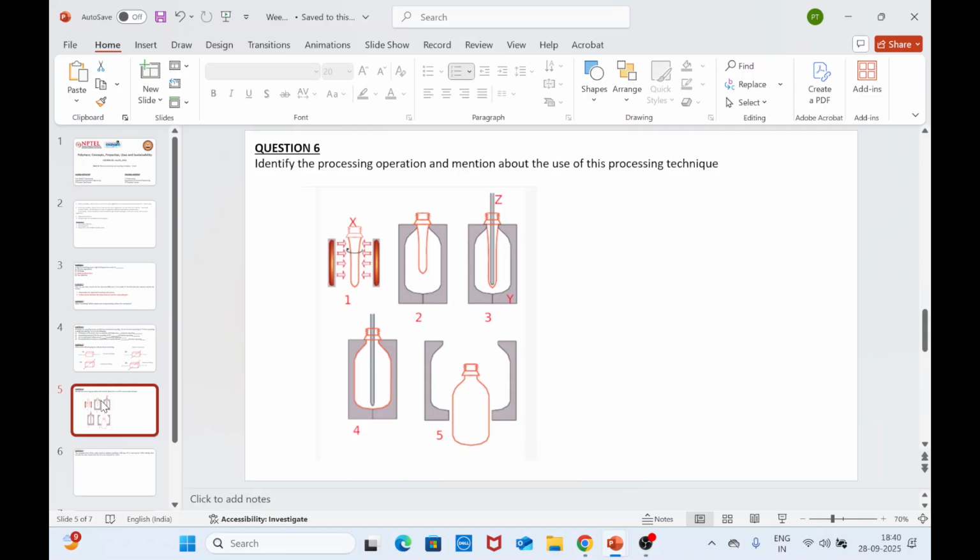Four is blow molding, right? No, all the steps are for one particular process only. It's just that there are multiple stages of the processing.